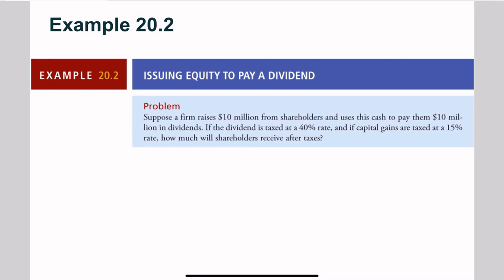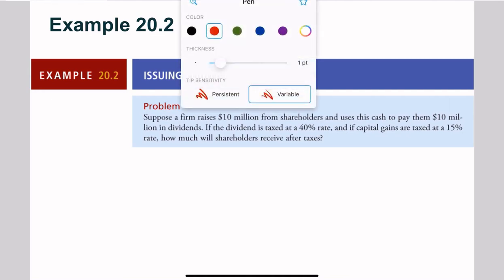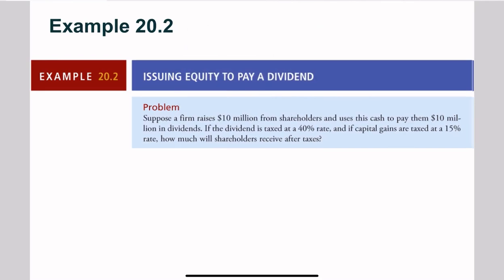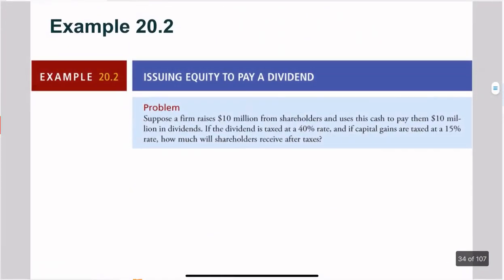Okay, let's just start from dividend. So investors will get a dividend of $10 million, right?